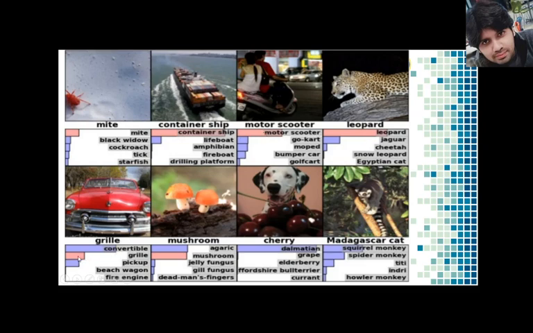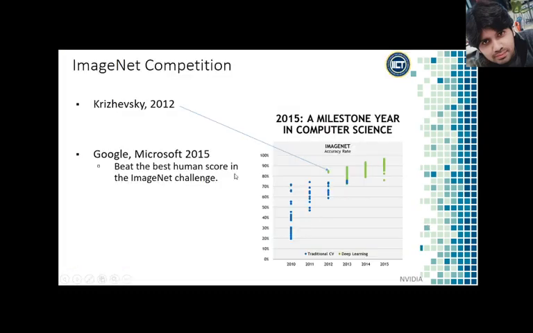But in this case you will see that the actual label is this, but the highest probability is convertible. So you can see why we take the top 5 labels. And similarly for the mushrooms, this is the actual label, but the highest probability is for agaric. And then there is no actual label here, and there is no actual label here. So you can see that there are some misclassifications as well.